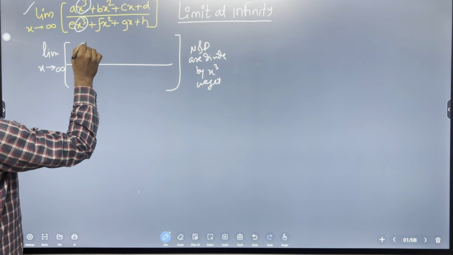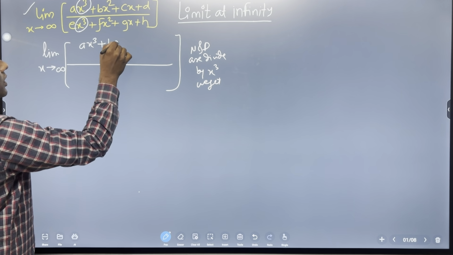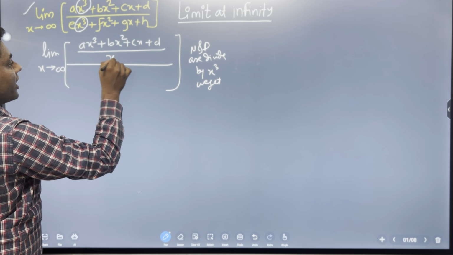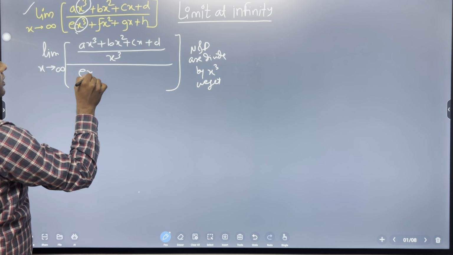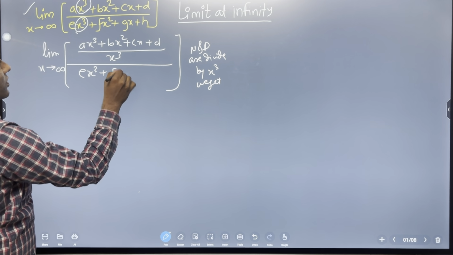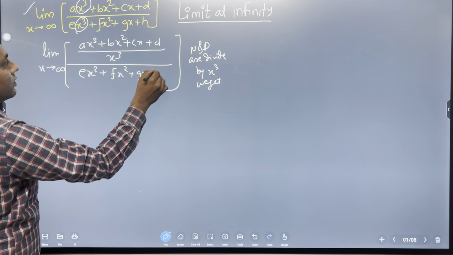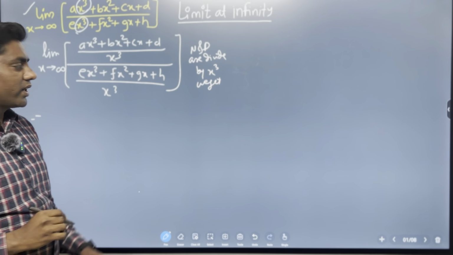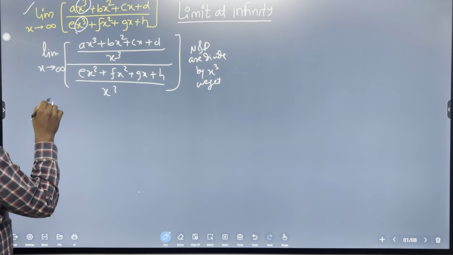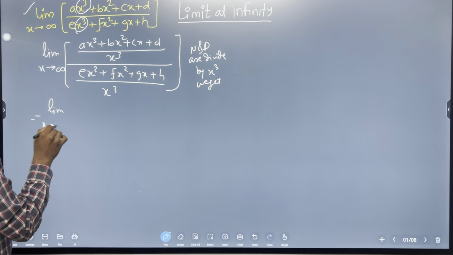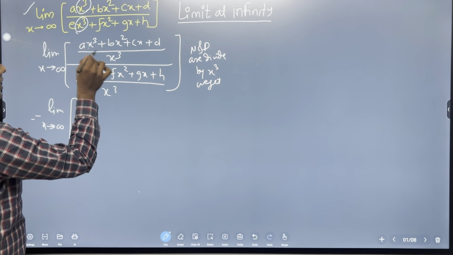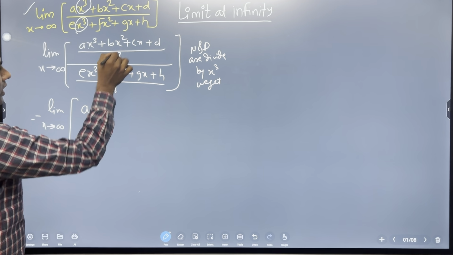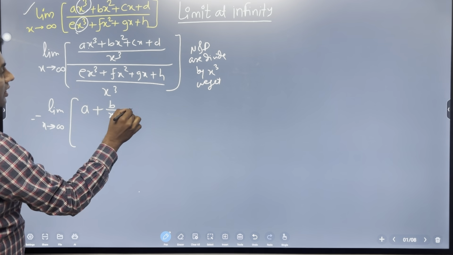ax cube plus bx square plus cx plus d, divided by x cube, and then ex cube plus fx square plus gx plus h, divided by x cube. After dividing each term separately by x cube, in the numerator only a remains. Here x square gets cancelled, so b by x remains.